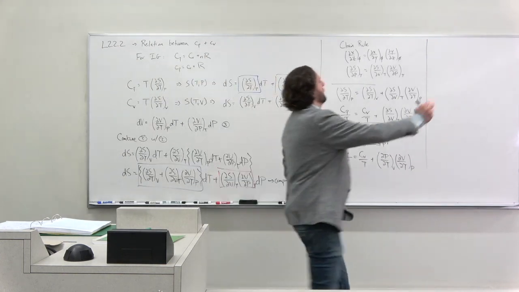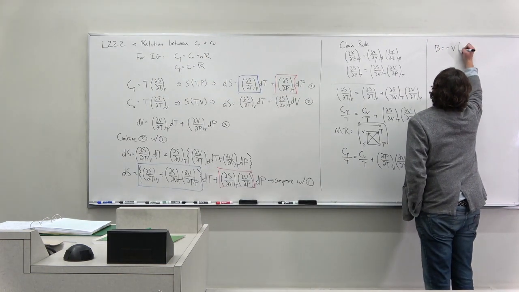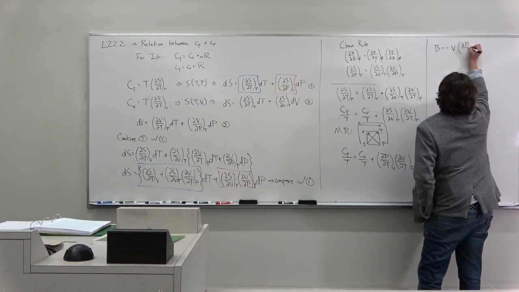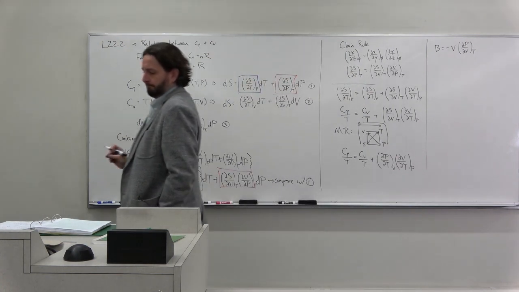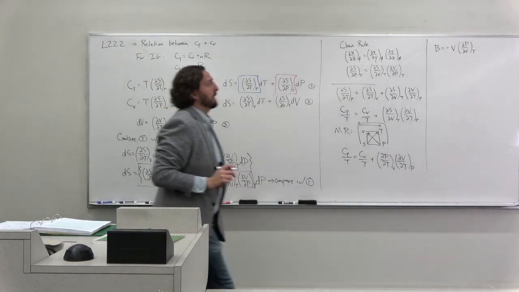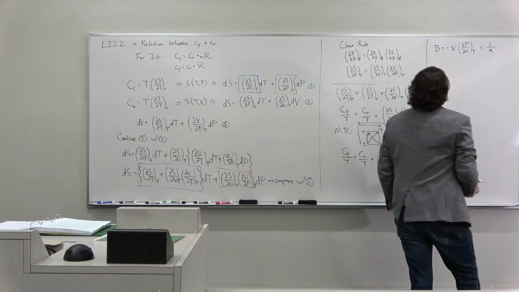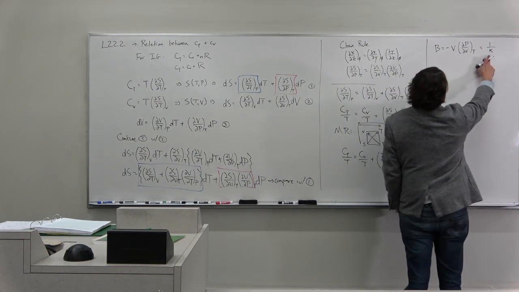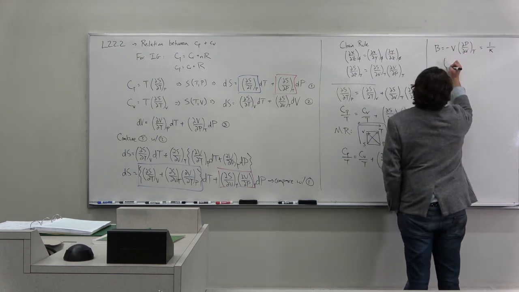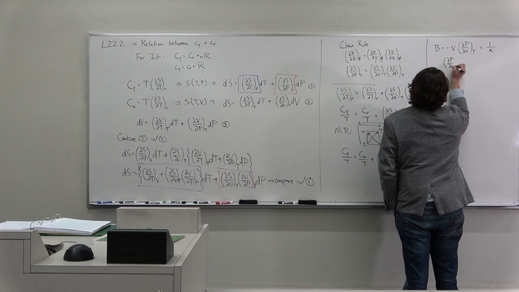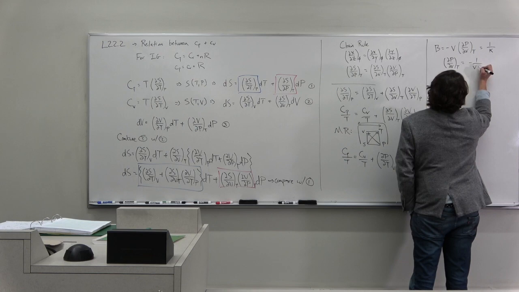So remember, our bulk modulus was defined as minus V partial P partial V at constant T, which is 1 over kappa. Right? So our compressibility kappa was how the volume changed with pressure. So partial P partial V at constant T was minus 1 over V kappa.